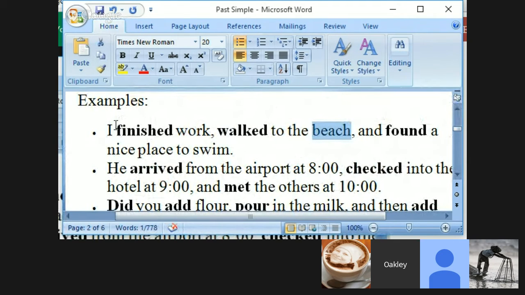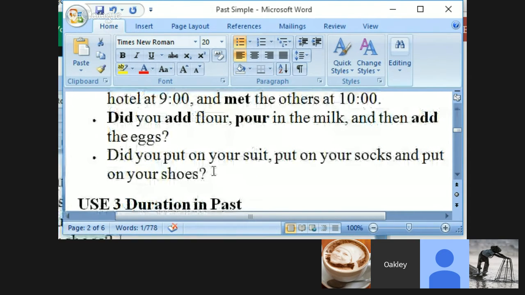If you're dissecting it, it's subject, verb, verb, verb. I'm not adding a new subject. If I'm going to add a new subject, that's the time when I'm going to be forced to use past perfect tense.